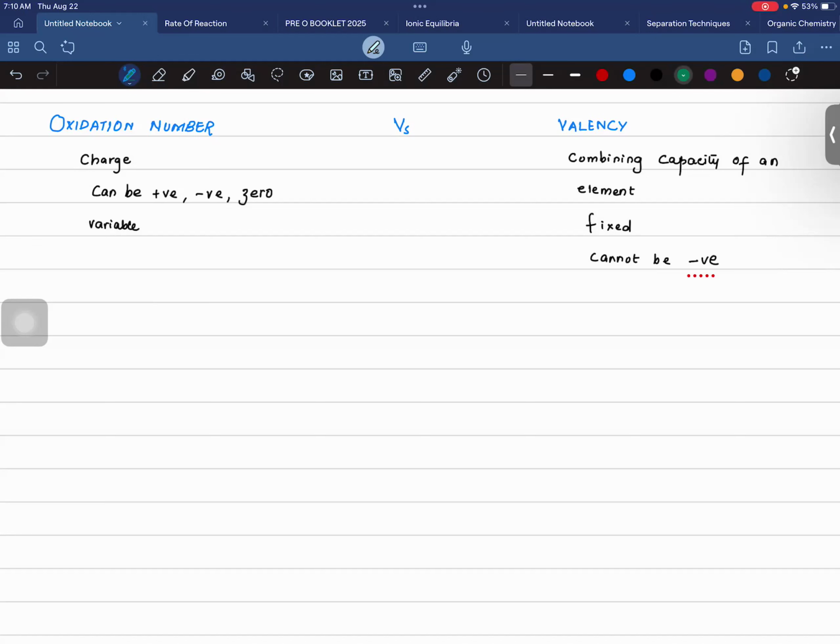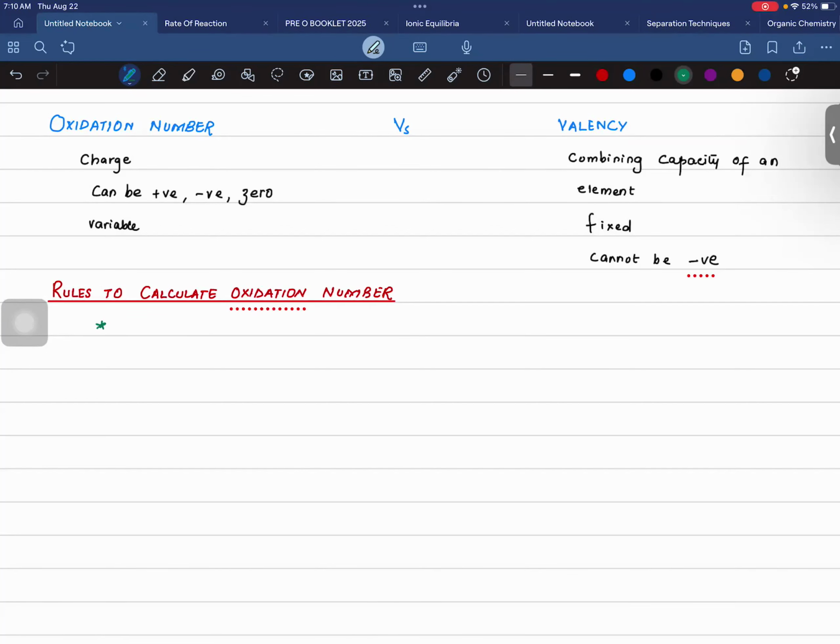So the first one: let me write down the rules to calculate oxidation number.